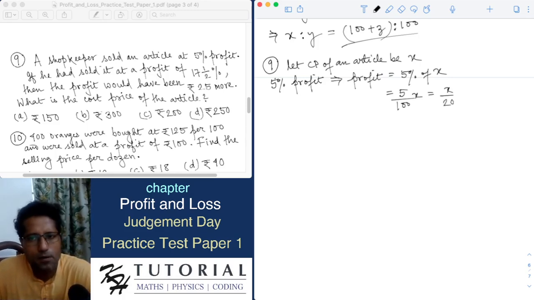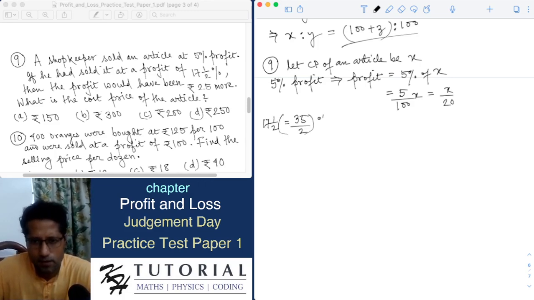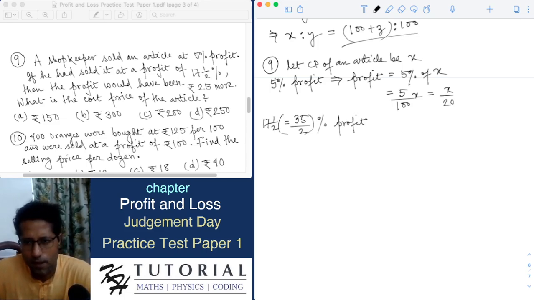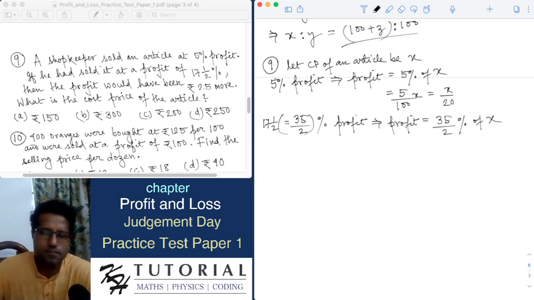Now, it is saying that if he had sold it at a profit of 17.5%. So 17.5, which is equal to 35 by 2% profit, implies that the profit is equal to 35 by 2% of x.